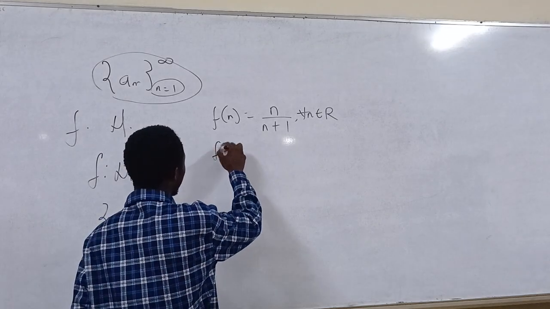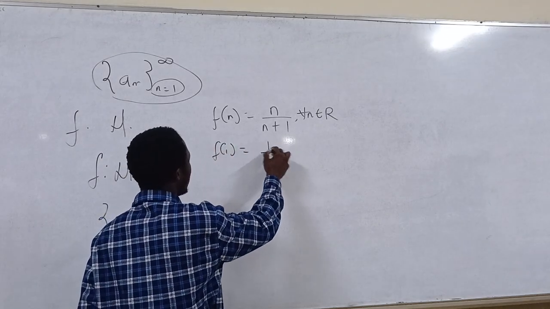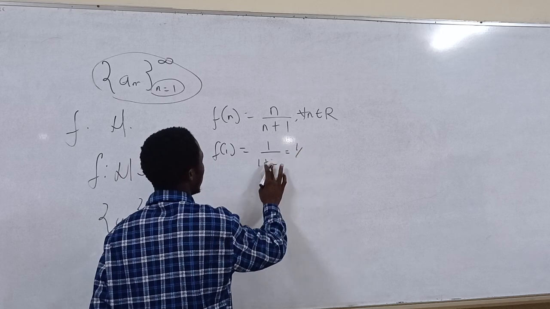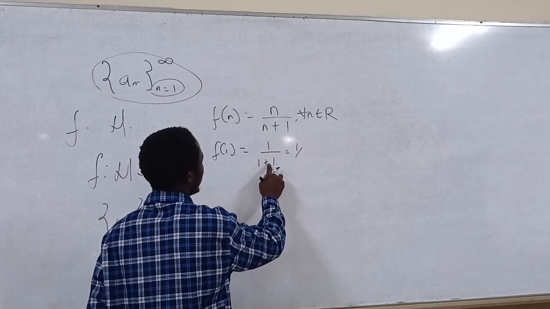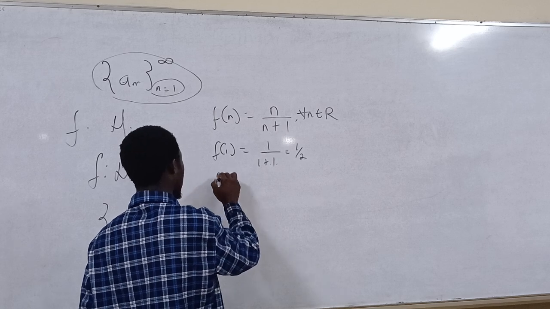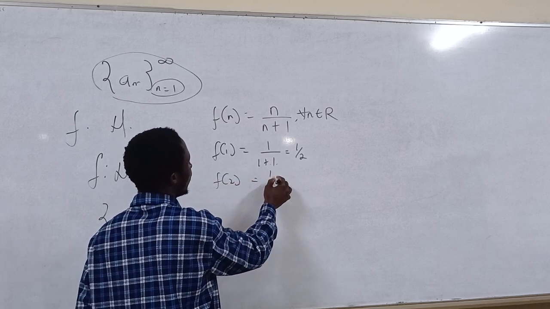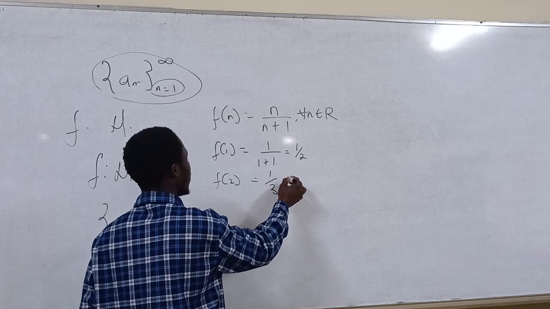If n is 1, we have 1 divided by 1 plus 1, which is 1 on 2. If n is 2, we have 2 on 3.